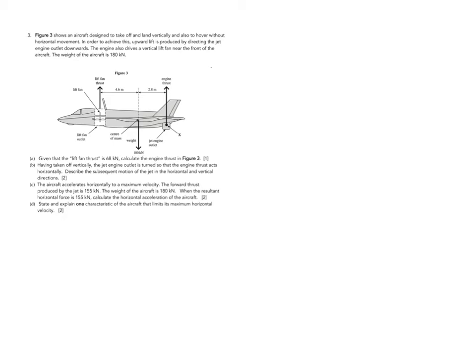Let me draw a free body diagram. So here are my arrows. We've got Fg, the force due to gravity or weight, pushing down. And we have the engine thrust upwards and the lift fan thrust upwards. Now, one of the issues right here is our arrows, because if it wasn't moving, or if it was moving at a constant speed, then my down arrow should equal the length of this arrow plus this one.